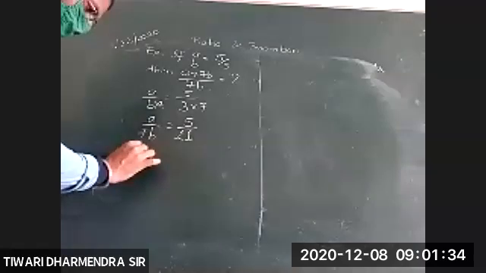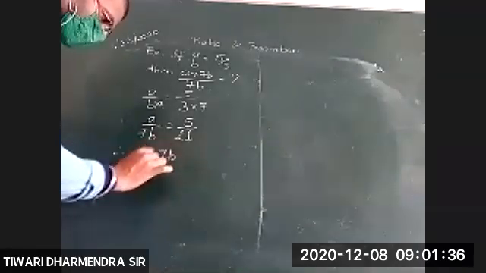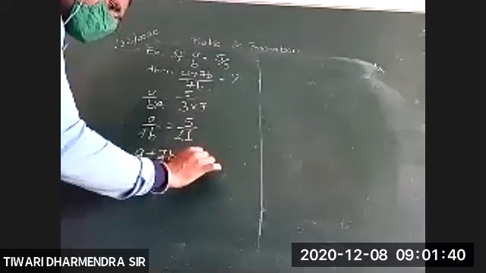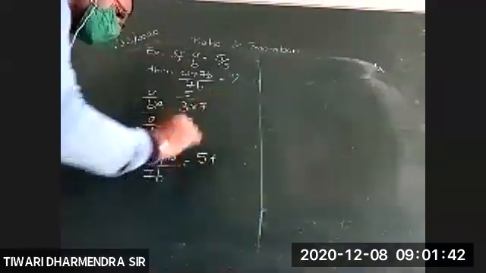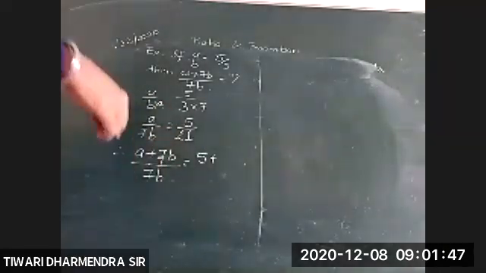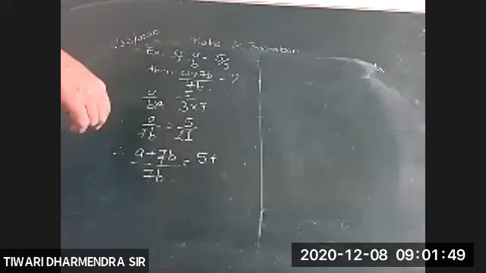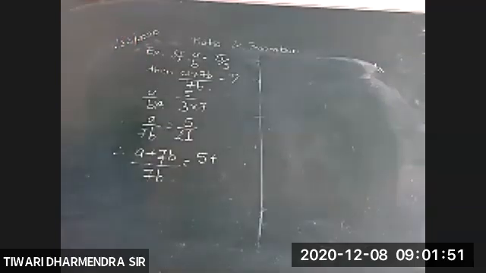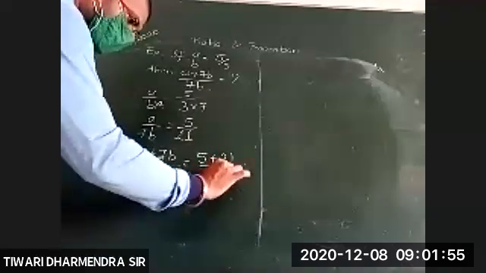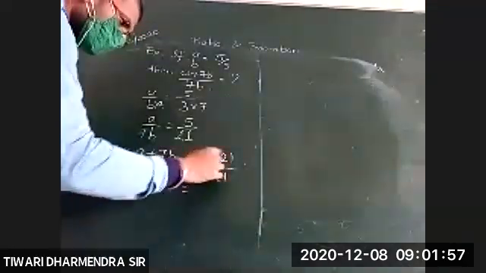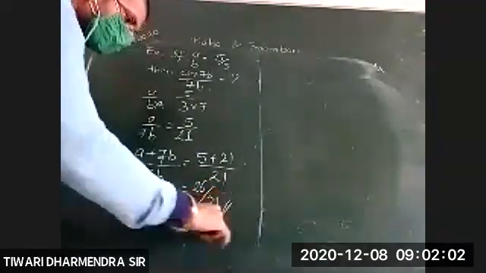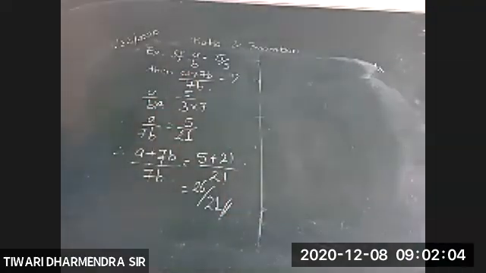So therefore, a plus 7b upon 7b is equal to 5 plus, as we are applying the componendo property, we are adding the denominator to the numerator. So 5 plus 21 upon 21. What is the answer? 5 plus 21 is 26 divided by 21. This is our answer. So it's very simple.